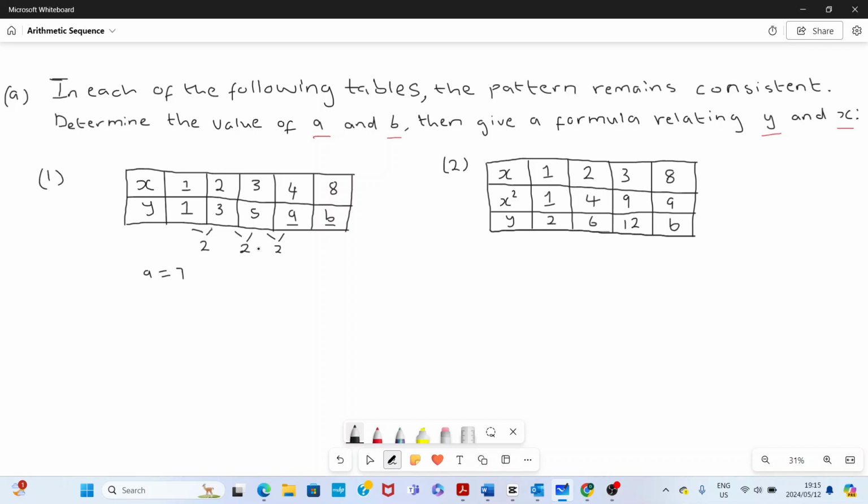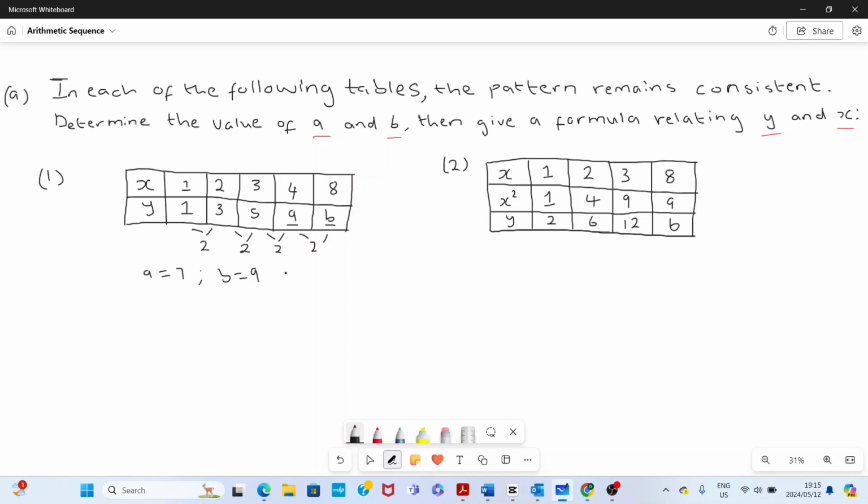And then our B, if we add 2 to 7, it means that our B will be given by 9. So our B will be given by 9.